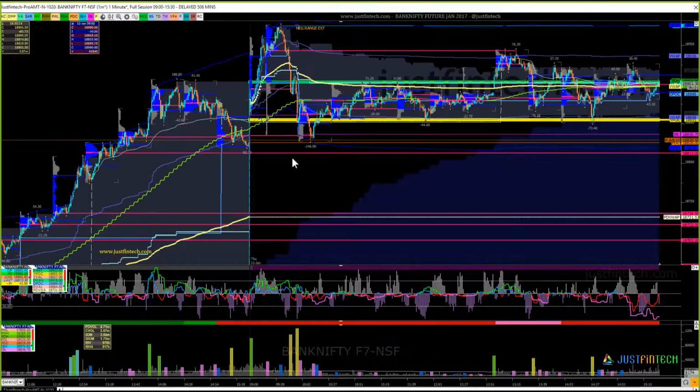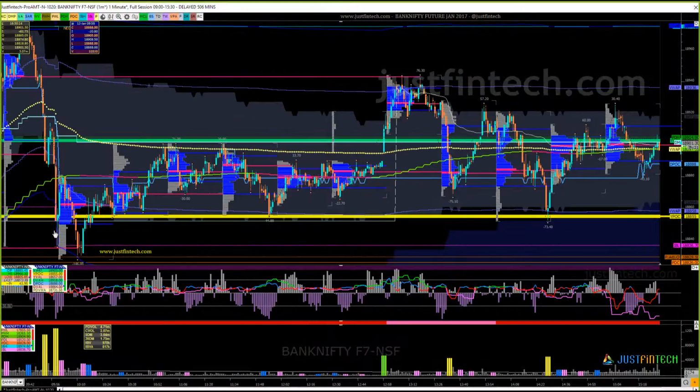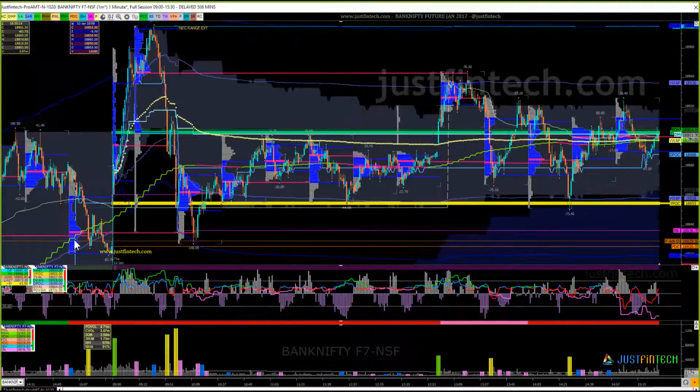Now it falls back into the late afternoon balance, a fair price here. Checks that, again fails. If you see, it makes a low, tries to move back up, comes down and gives a failure. Now this failure is what you want to buy. So stopping volume and then a test, a very nice test with no supply.